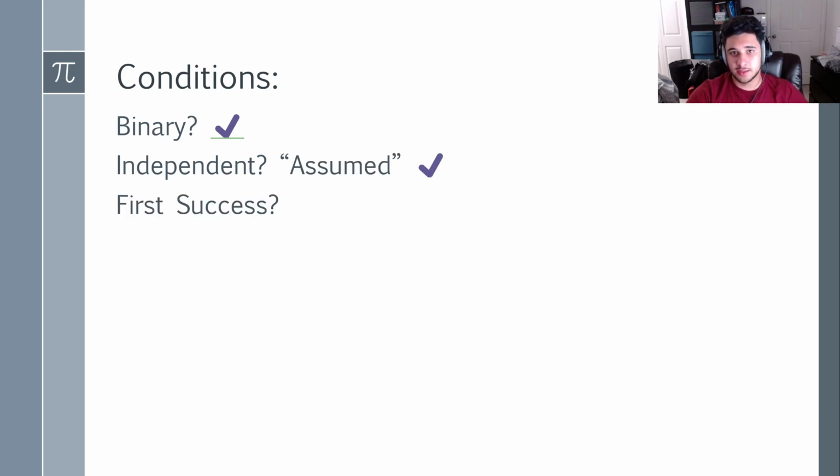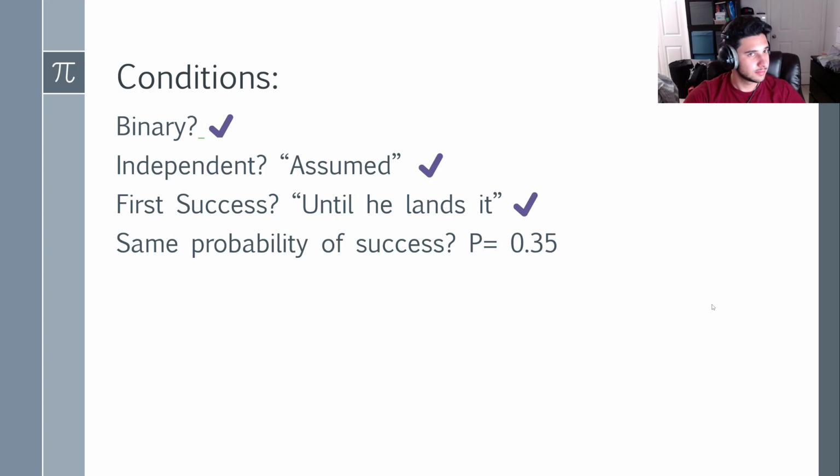For first success, they tell us that it's until he lands it, which means as long as the probability is met, this distribution is geometric. For the probability of success, it is stated in the question, which is p equals 35%, but we are going to convert it to a decimal to plug it into the equation seen next.